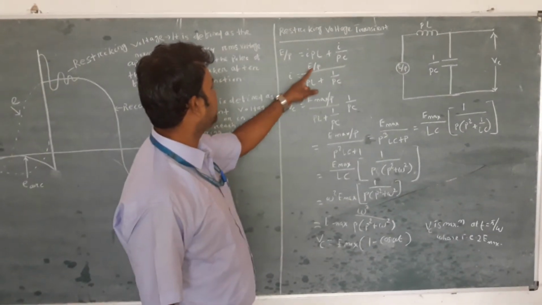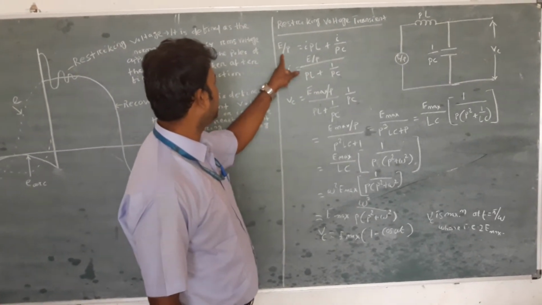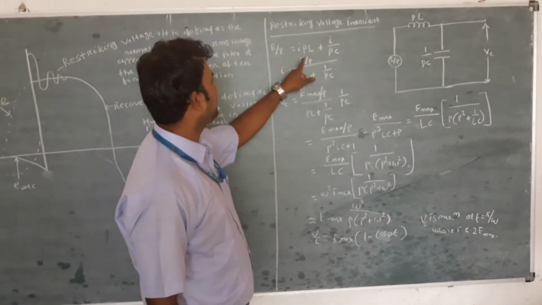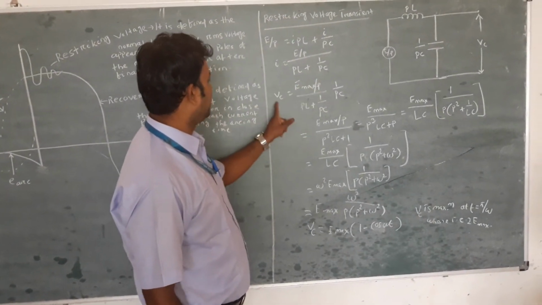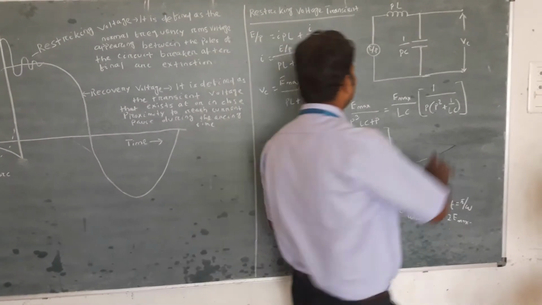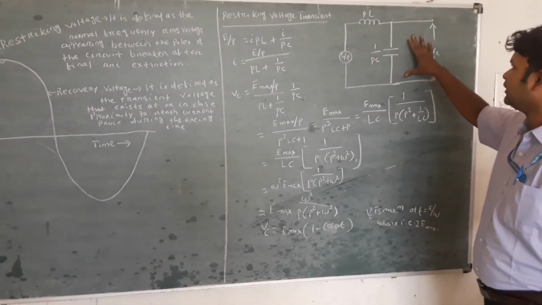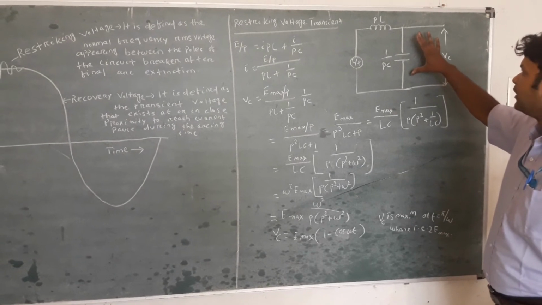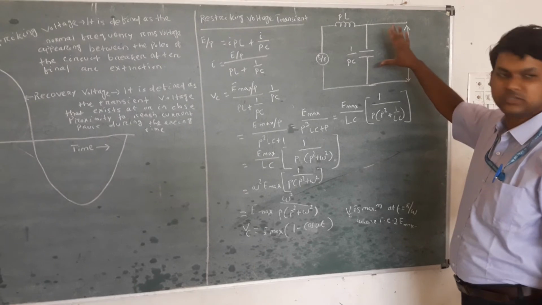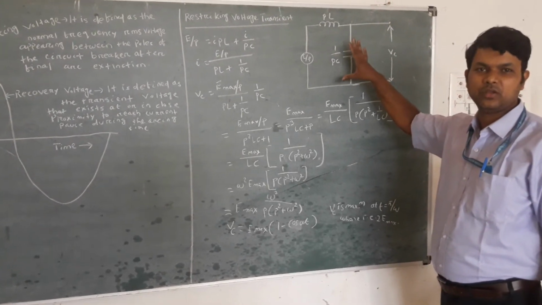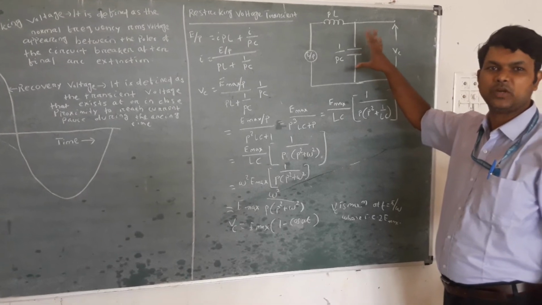So now if we arrange this equation, then I equals E by P divided by (PL plus 1 by PC). Then we have to find the voltage across the capacitor. So we apply the voltage division rule. There are two rules: one is the current division rule, another is the voltage division rule.